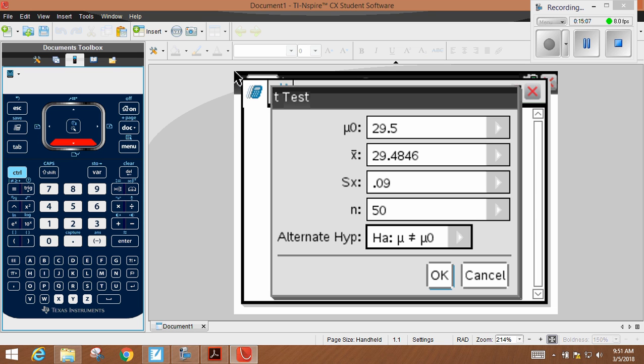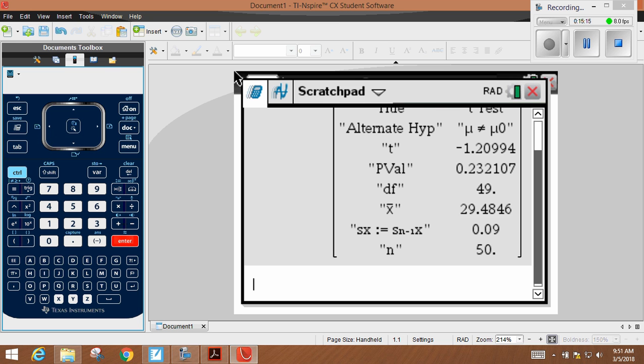And our alternative hypothesis is that they're different. I can hit enter, and I get my t statistic. I get a p-value.